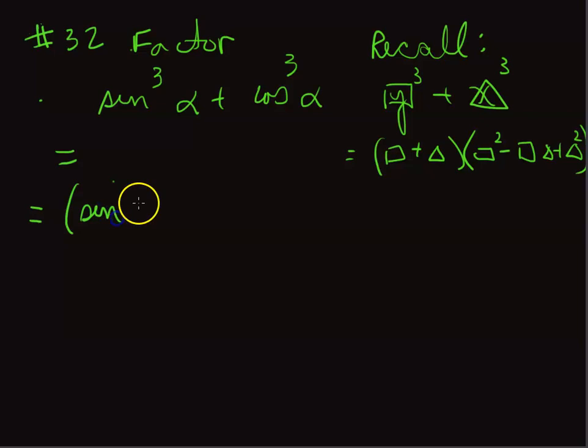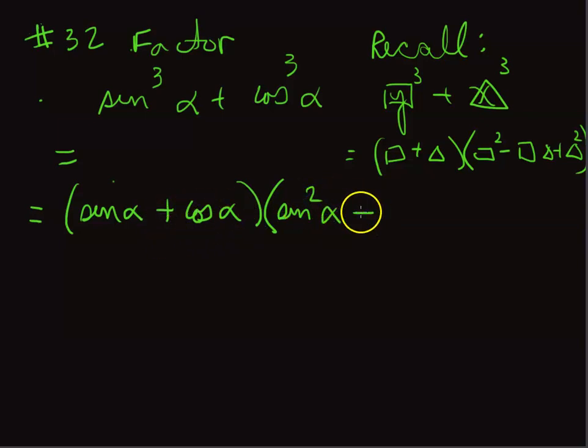It's going to be the first sine alpha plus the second cosine alpha times the first one squared, sine squared alpha, minus, remember this sign is always the opposite, the product of the two, sine alpha cosine alpha, plus, always plus, the cosine squared alpha.